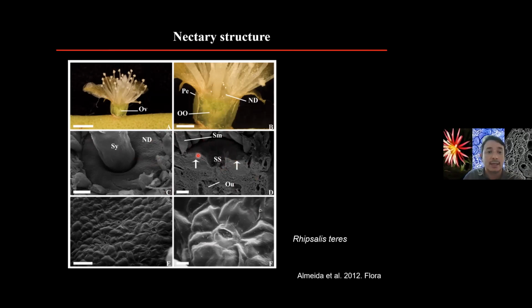pretty much annular in shape, looks like a donut, and it is linked in this region. It's like a tube, a micro tube, a very, very reduced tube that bears the filaments, the stamens, and the secretory structure of the nectary.